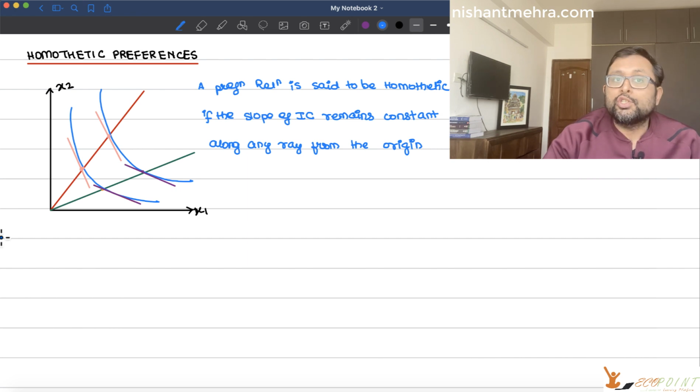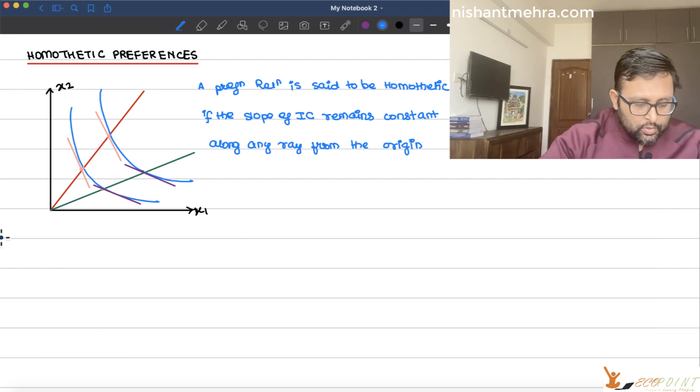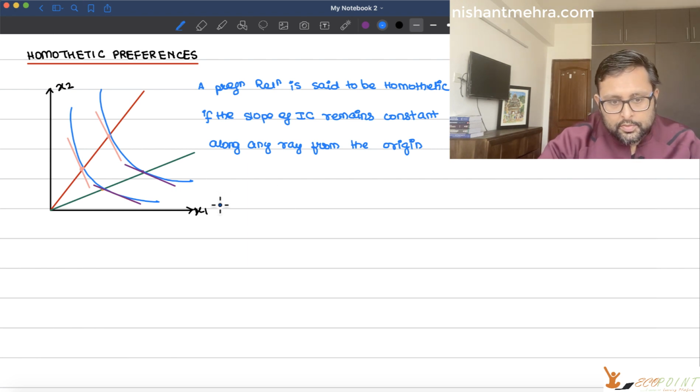If you have such homothetic preferences, and you know the shape of one indifference curve, then you would also know the shape of the other indifference curves. The entire indifference map you would know, because the slopes are going to remain same along the ray from the origin, so the shape of the indifference curve would also remain same.